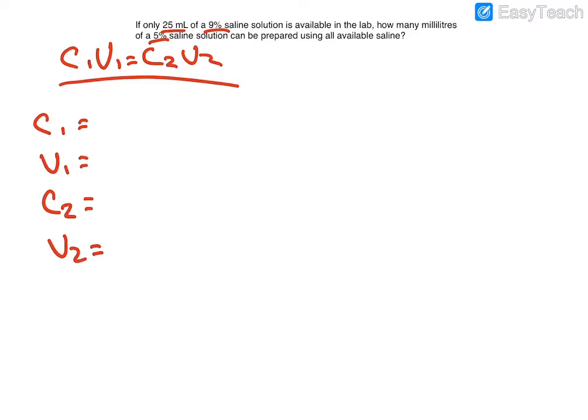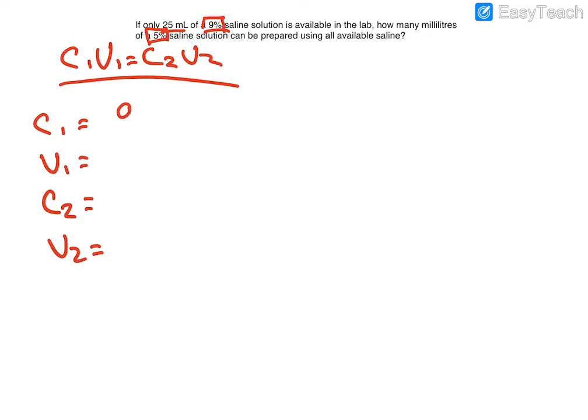So if only 25 milliliters of a saline solution is available in the lab, that's our initial values. The 9% is our initial concentration, because that's our concentration before we're diluting it to 5%.